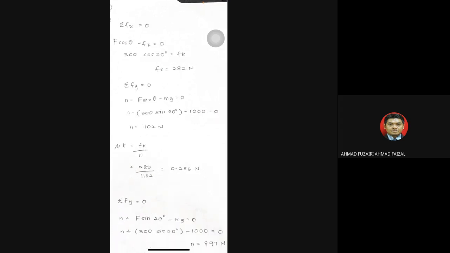Untuk Y pun sama, equal to 0 sebab constant speed. N tolak F sin theta tolak mg equal to 0. N dapat 1100 Newton. Untuk cari coefficient of kinetic friction, saya bagikan Fk dengan N. So dapat jawapan 0.256.